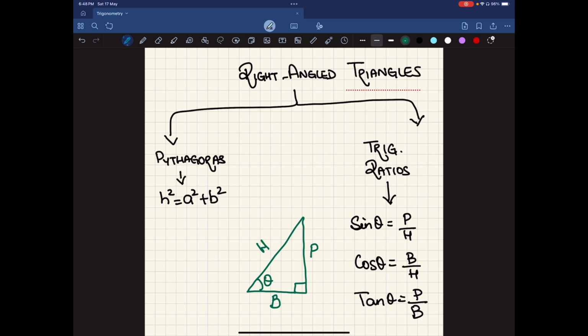So there's this shortcut I've seen in books where perpendicular is also known as opposite, right? So O over H, base is known as adjacent, A over H, and this becomes O over A. Some books give this as a shortcut.